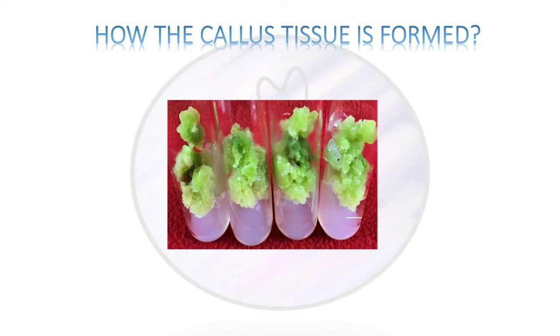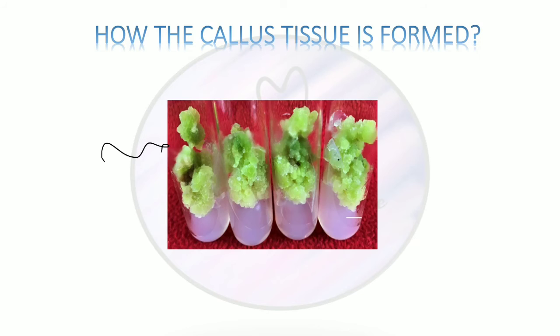Now, moving on, the question is how actually the callus tissue is formed. We have discussed the process, where the main role was performed by the phytohormone. But apart from that, the formation of callus tissue is the outcome of cell expansion and cell division. During the formation of callus tissue, the explant loses its structural integrity.